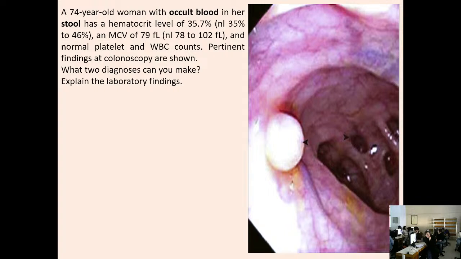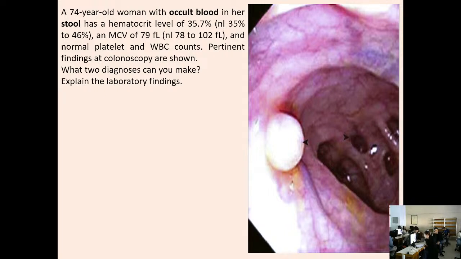As the feces passes, it erodes the superficial part of the adenoma, and it bleeds. The same can happen in diverticulae, when we have feces occluding the hole that you see there in the image, and erodes the mucosa, and this causes blood loss as well.